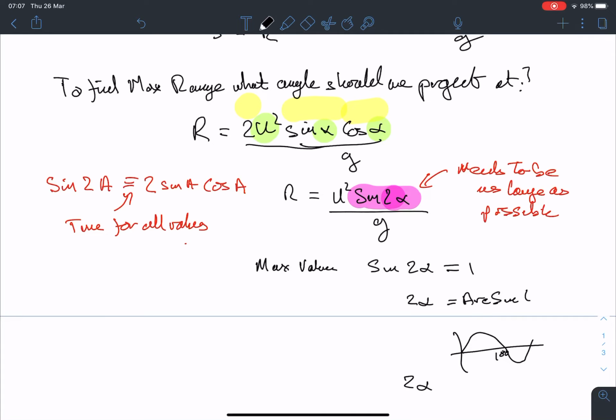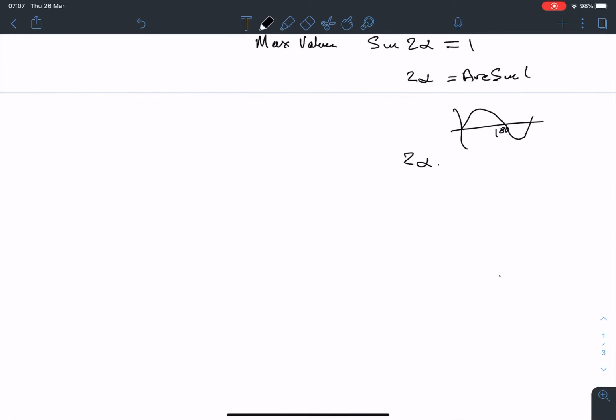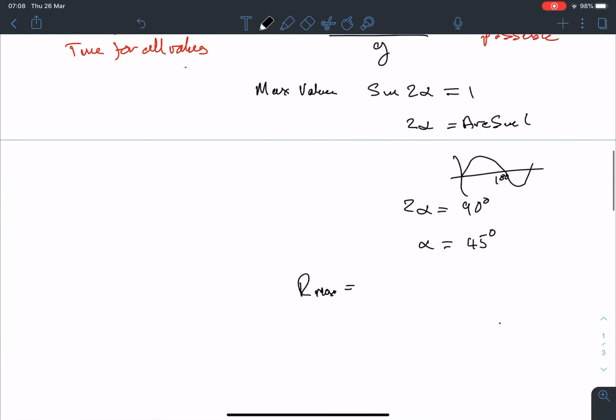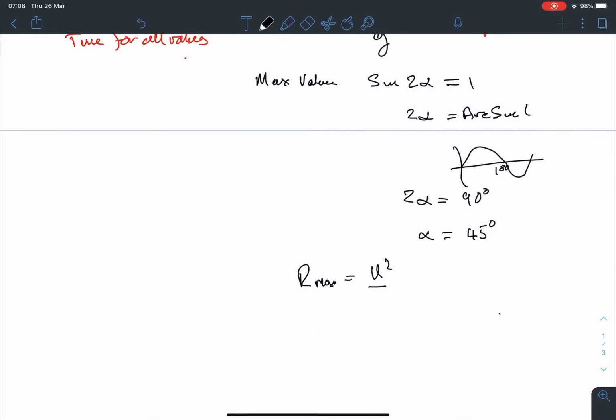So 2 alpha is equal to 90 degrees, so alpha equals 45 degrees if we want to get the maximum range. So R max then is equal to u squared over g. So a little bit of extra information there, but I think that's quite important for you to see and understand. I hope that helps.